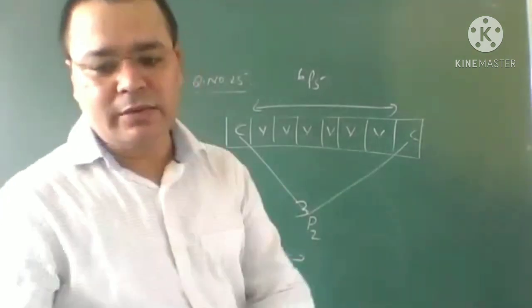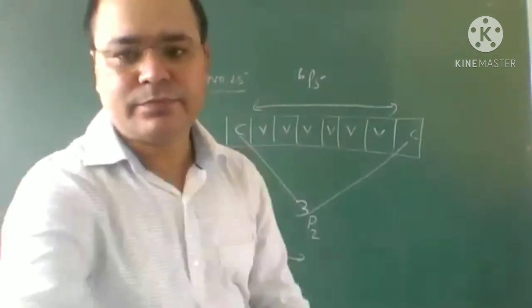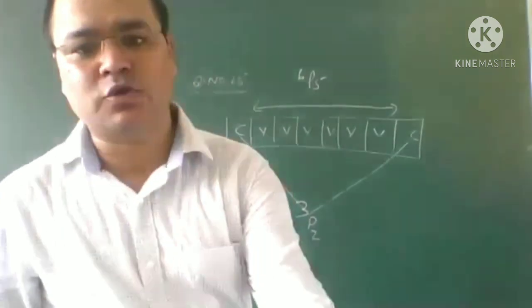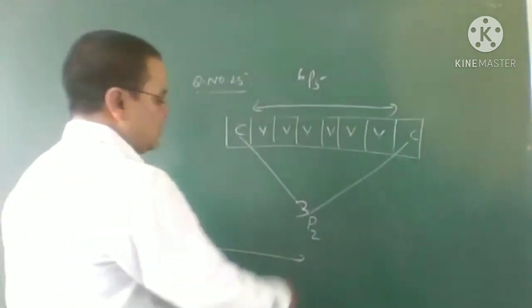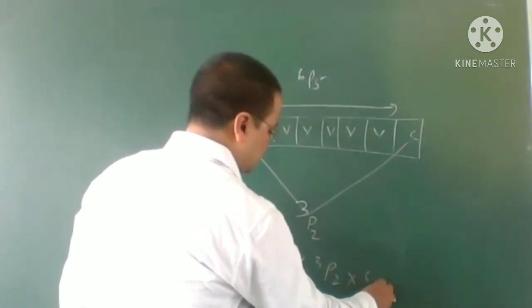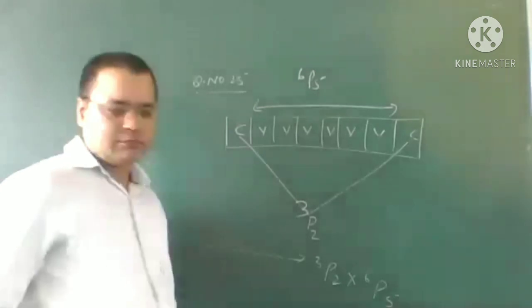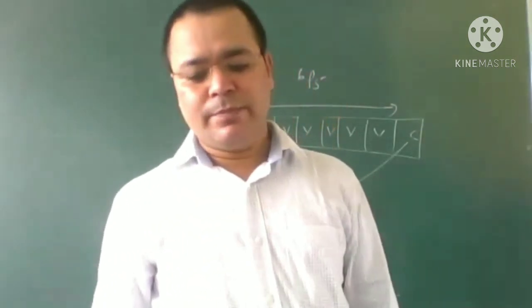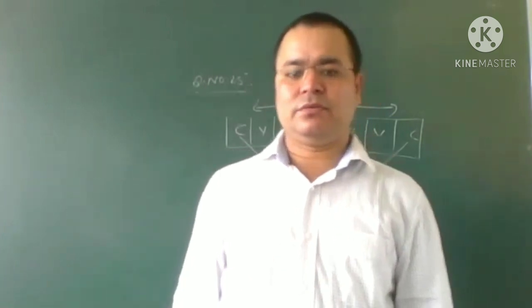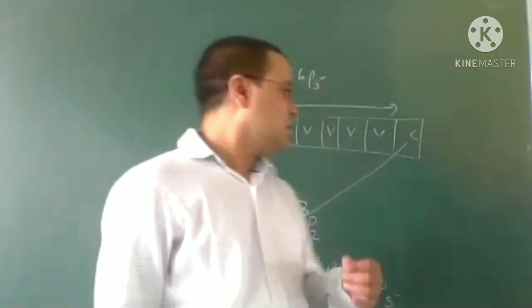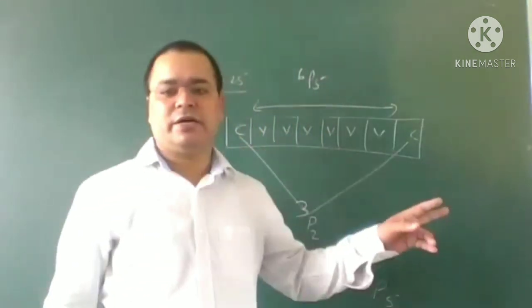Therefore, the total number of choices will be 3P2 into 6P5. Why? Once again, let me explain.